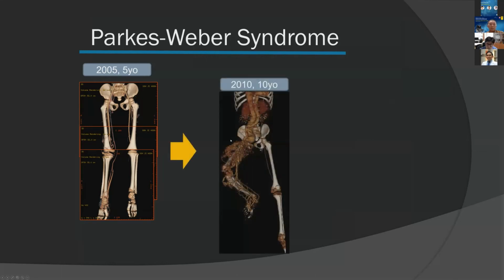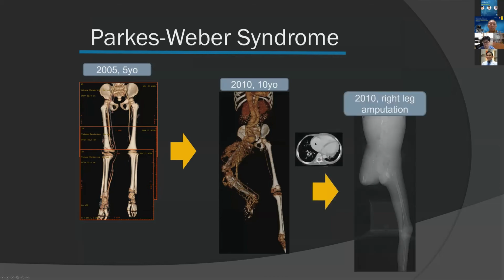After 5 years, the lesion rapidly aggravated, and you can see the enlarged IVC and internal iliac vein. However, at that time his cardiac problem was noted, so we tried to amputate his leg to save his life.